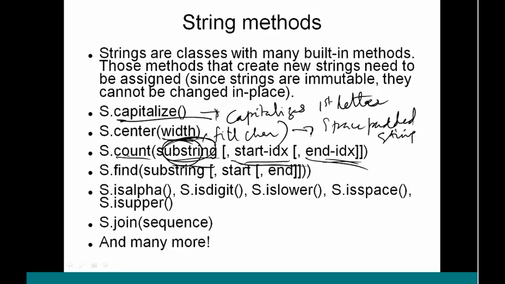Then we also have find, and find also takes a substring, a start and then an end. These two are optional. Find determines if this particular substring occurs in a string or in a substring of the string, starting from start to the end, and it returns the index if found, otherwise it returns -1.